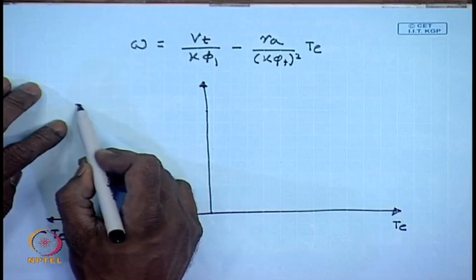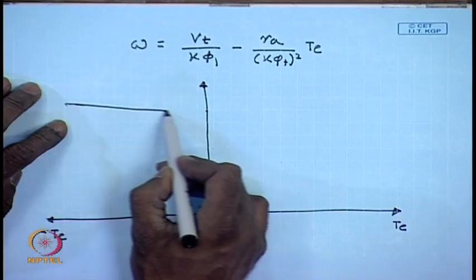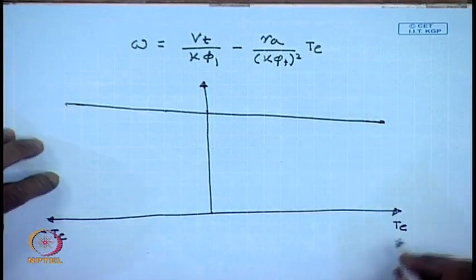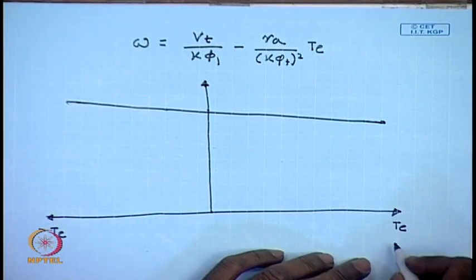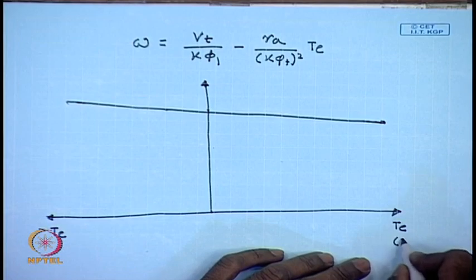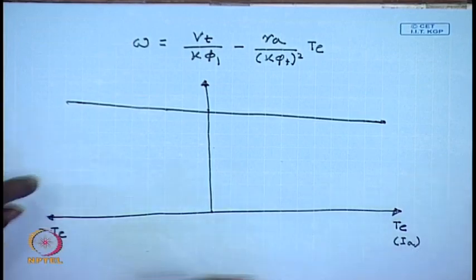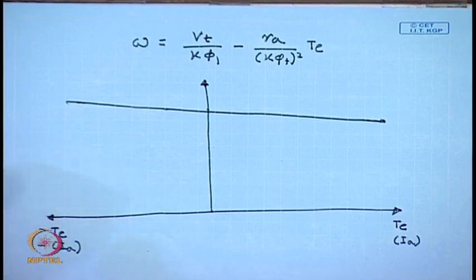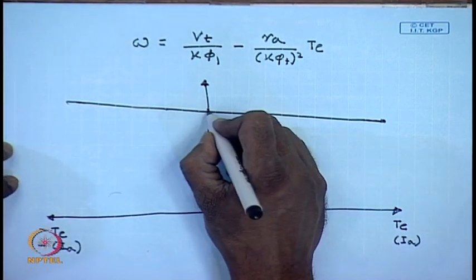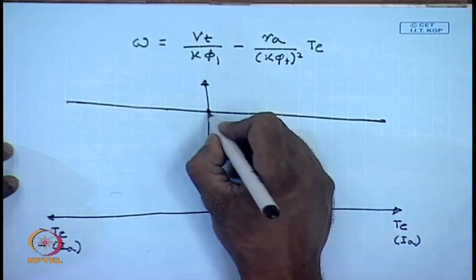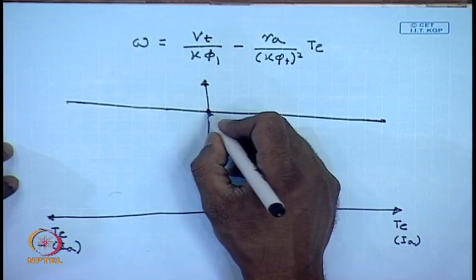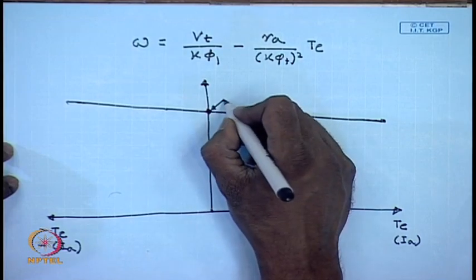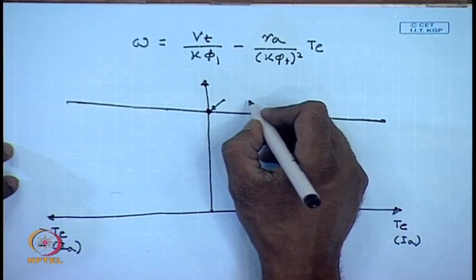and since in DC machine with constant field flux torque is proportional to armature current, this x axis also to a scale represents the armature current. This is the speed at which torque is 0, indicating the machine is operating at no load if we neglect mechanical losses.